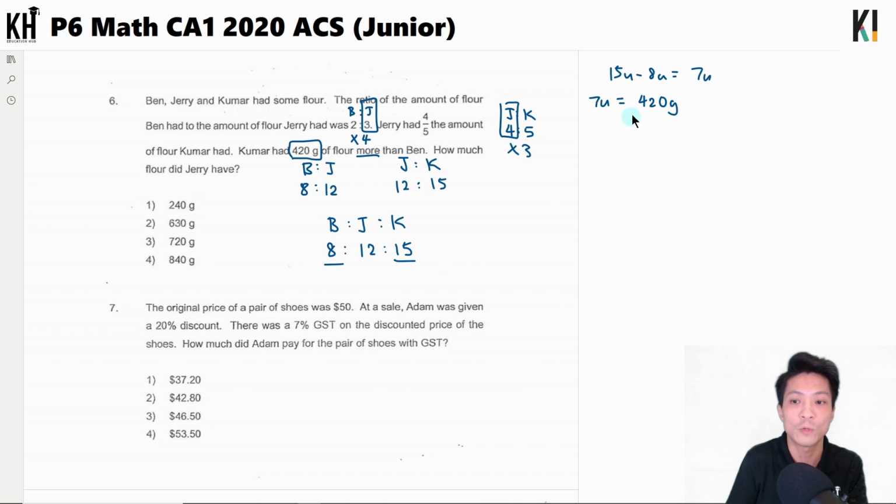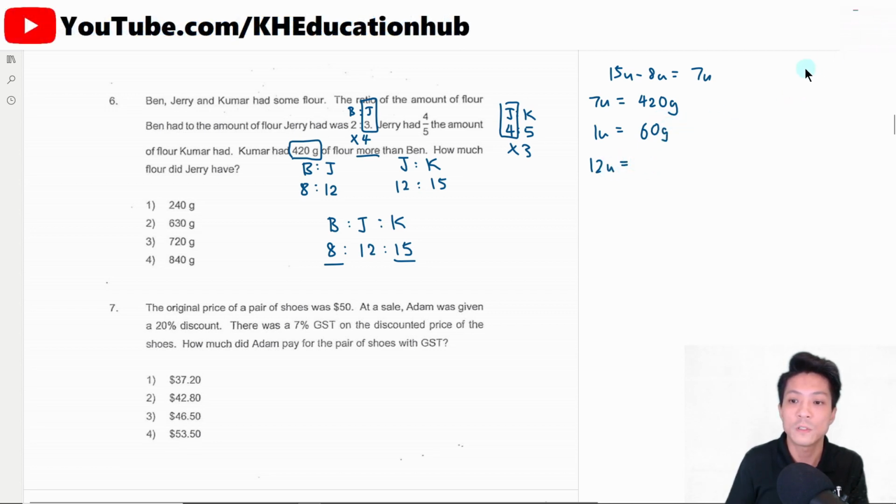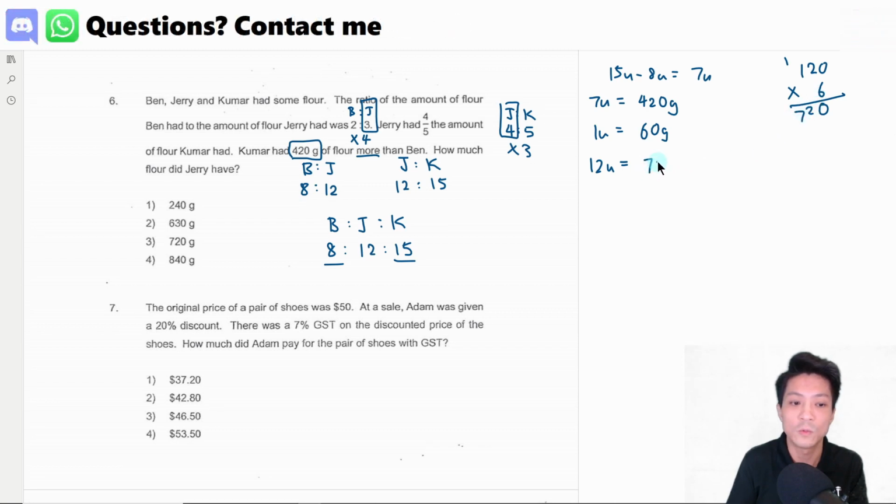Jerry will have 12 units. So I need to find what is 1 unit first. 1 unit will be equal to 60 grams, and 12 units will be equal to 60 times 12, which is the same as 120 times 6, which is 720 grams. Okay, so for question 6, the answer is 3.